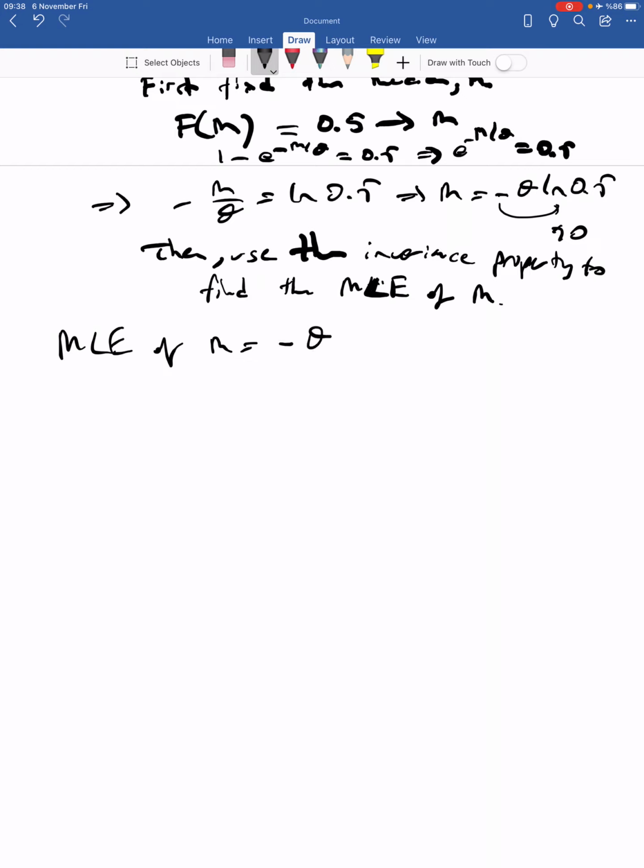Minus theta ln 0.5. So put a hat here. What was theta hat? It is x bar, so minus x bar ln 0.5 will be the maximum likelihood estimator of the median. Okay, so you can find the MLE for the quartiles: first quartile, second quartile, third quartile. This is the second quartile. Also the interquartile range or any other functions, you can find it. Okay.